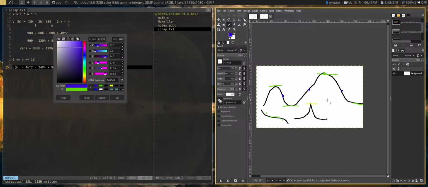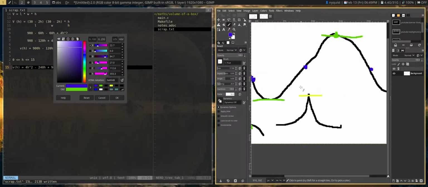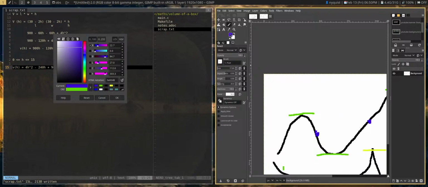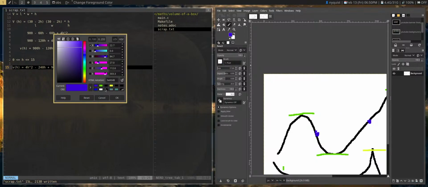Now, that doesn't tell you if you have a local maximum or local minimum, because the critical numbers, like I said before, are more than just local maximums and minimums. They're just where the derivative is 0. But you can filter out from that what the local maximums and minimums are.